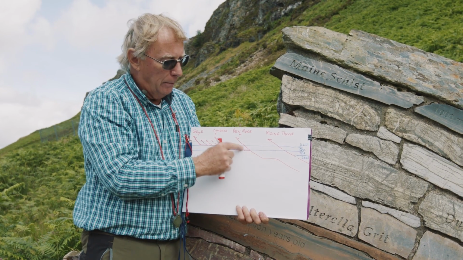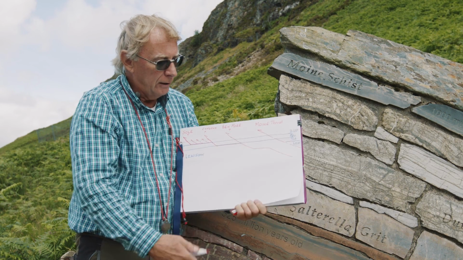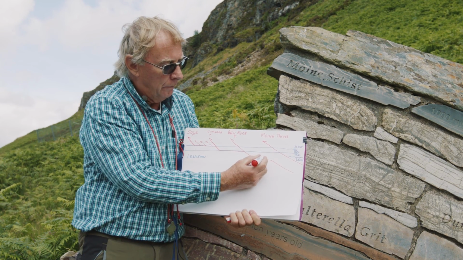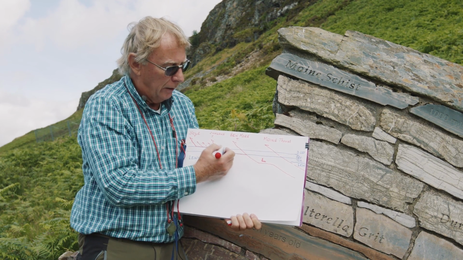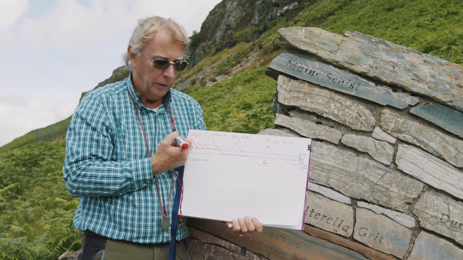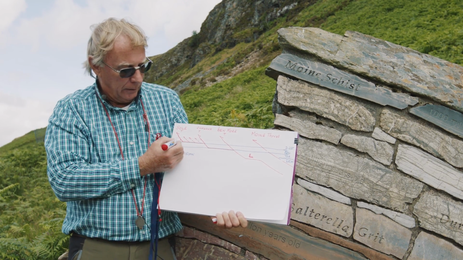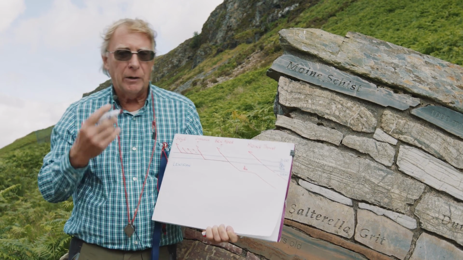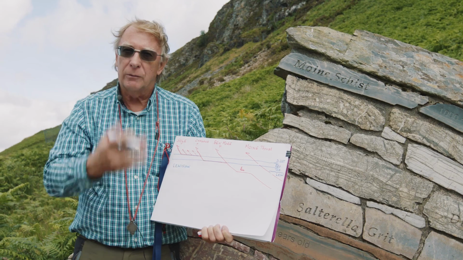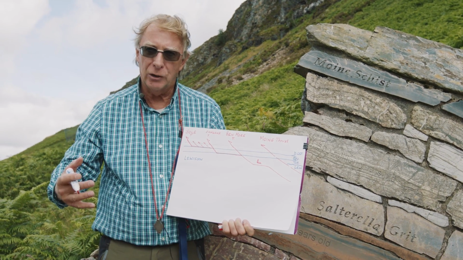There's another one, the Ben More thrust, in the middle of the Assynt window that brings up slices of Lewisian basement and places older basement rocks over younger Cambro-Ordovician rocks. This is the Kirtomy thrust, and the youngest thrust is the Sole thrust. Now it's very important to realise that these thrusts form in what we call an in-sequence piggyback propagation.